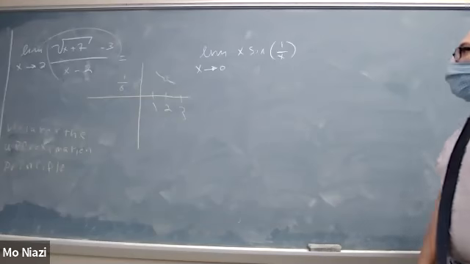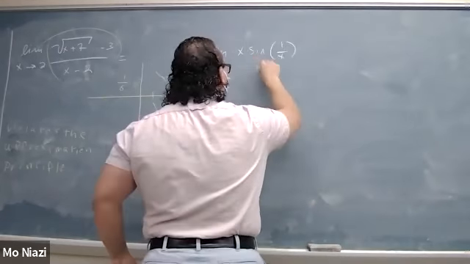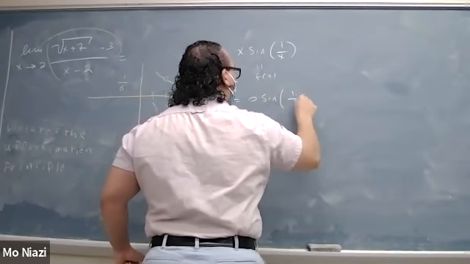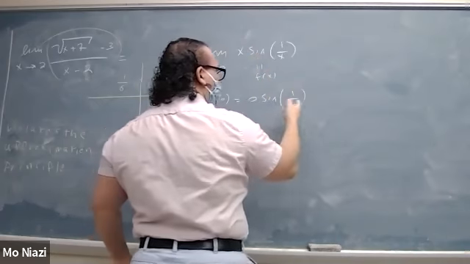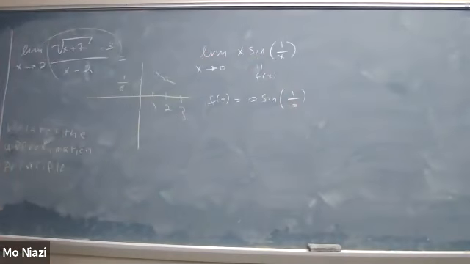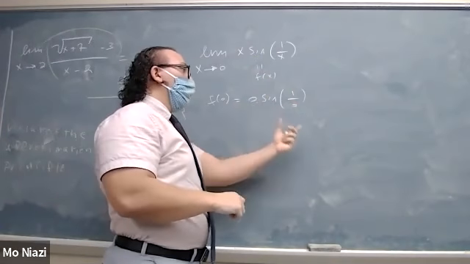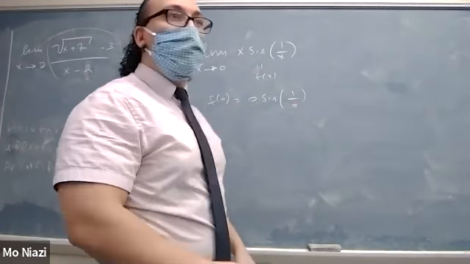So let's try and evaluate this limit. Notice that if we were to just plug in, if this is f of x, what's f of 0? 0 times sine of 1 over 0, which what is it? That's undefined. How can we take the sine of something undefined? Oh, I know what you're thinking. Oh, but if this is undefined and we multiply it times 0, then it should just equal 0, right?